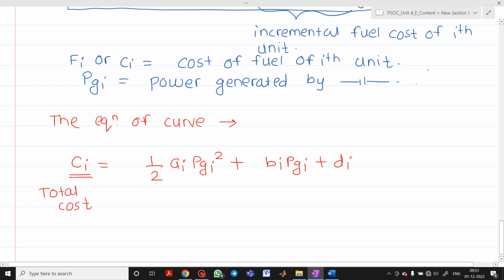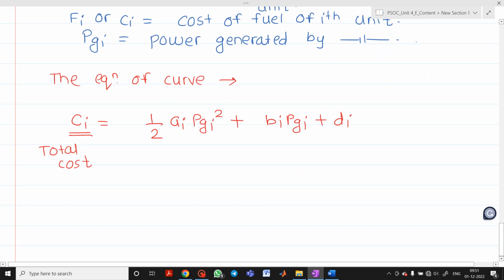Then if you see here, this Ai, Bi, Ci, we have these constants. What is the meaning of this? Let me write it here. What is PGI? PGI is nothing but active power.